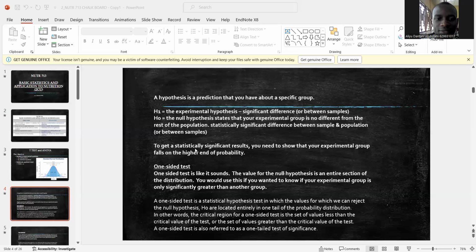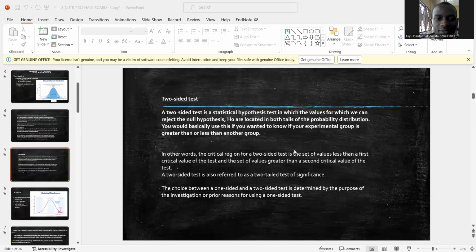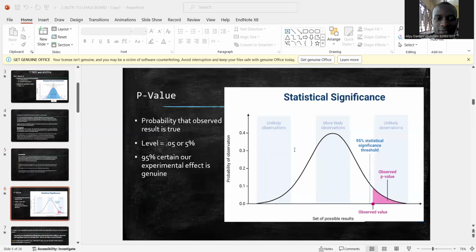Okay, so to get a statistically significant result, you need to show that your experimental group falls on a higher end of the probability. So we have the one-sided test and the two-sided test. So I won't bother reading this. You have the lecture notes or you can read this on your own, from the slide. Let me just show you what we mean here from this figure, right? You look at this figure, it talks about statistical significance.